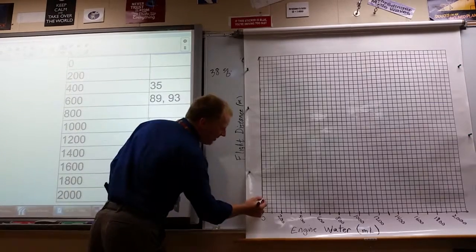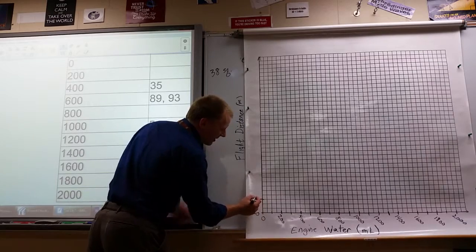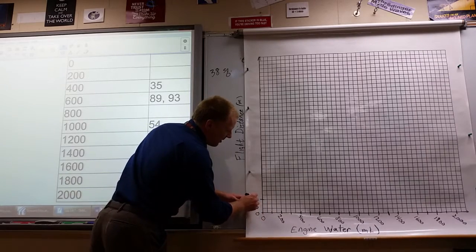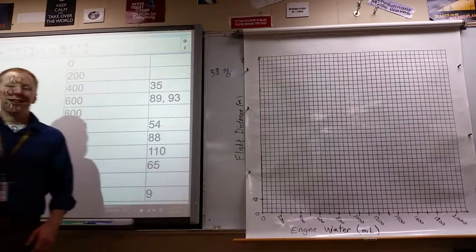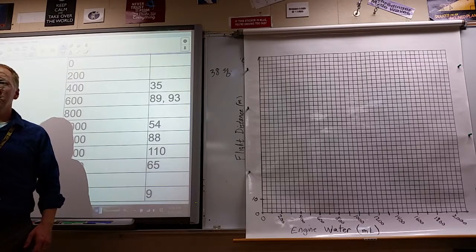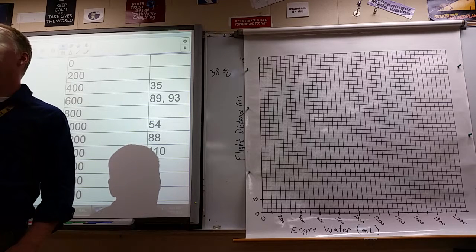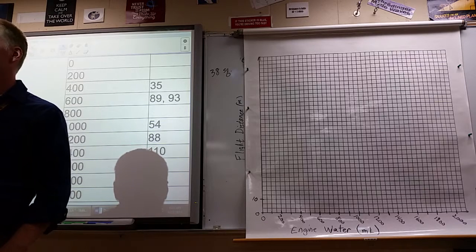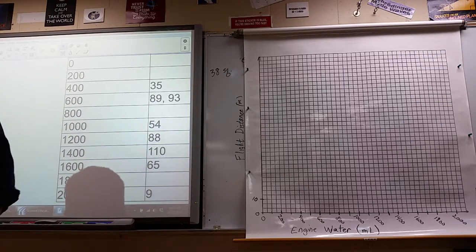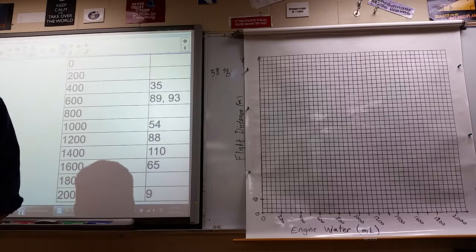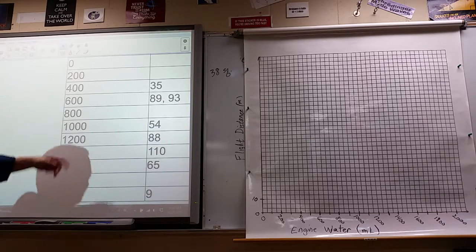So what mine will probably fit is that I could do 10 every 3 squares. You will probably find you want to do it a little differently. Maybe you go by 10 every 2 squares, so each square is 5. We have to go up to what number? We have to go up to 110.